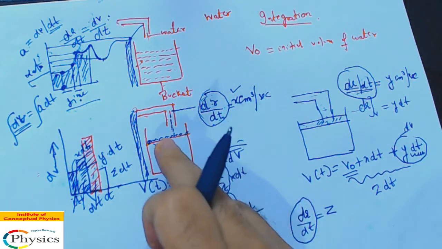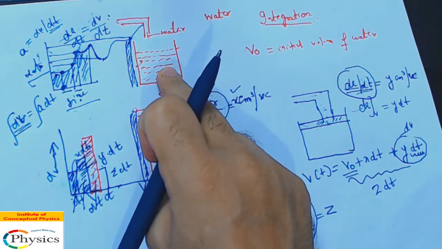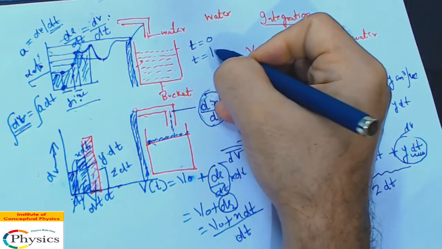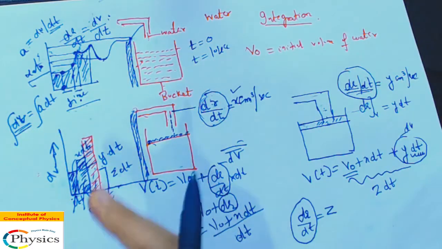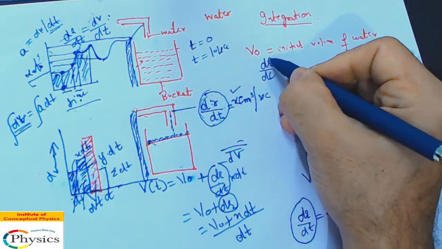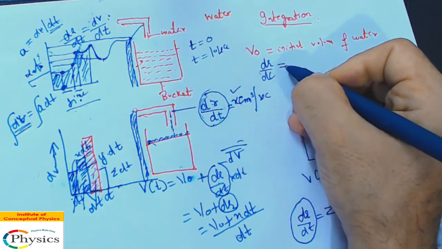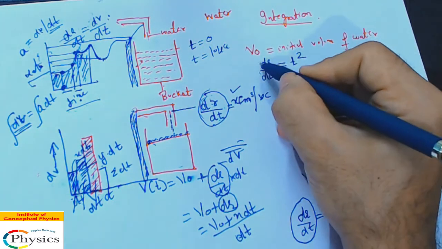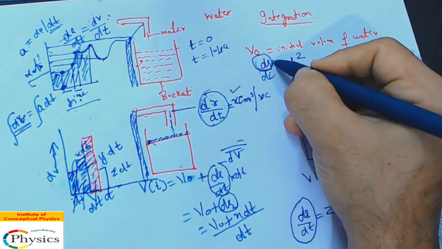When you keep the water coming into this bucket from time t equal to 0 to t equal to 10 seconds, and you continuously change your rate of volume, say the rate of change of volume with time is the square of time, and you want to find out the change in volume that took place.